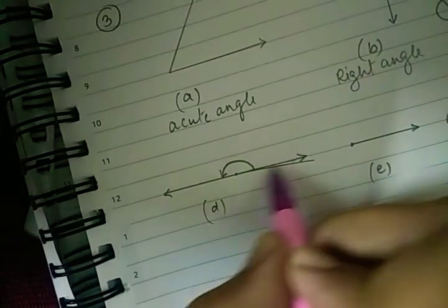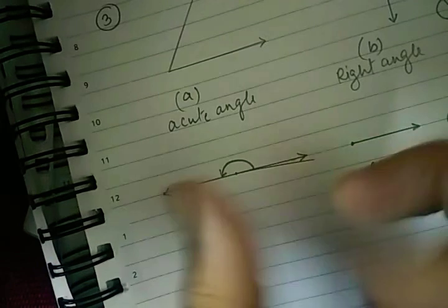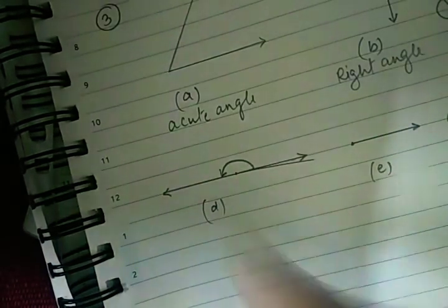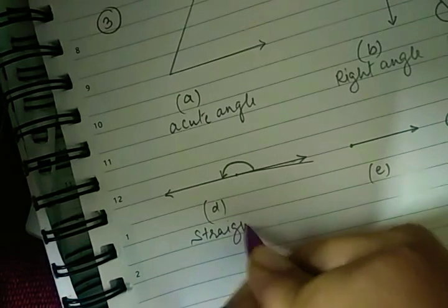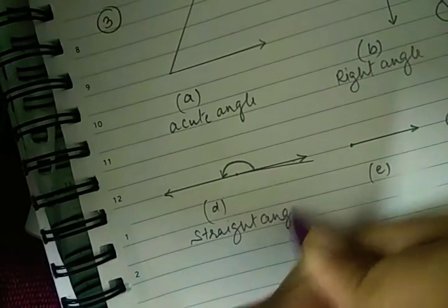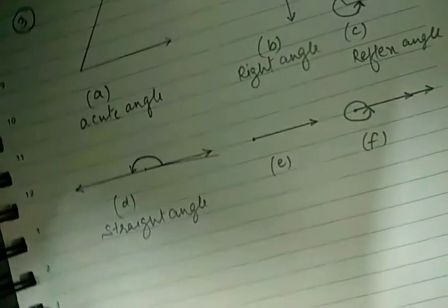So if the initial ray and the final ray both make a straight line, then it is called a straight angle. Okay, you will call it a straight angle, and a straight angle measures 180 degrees.